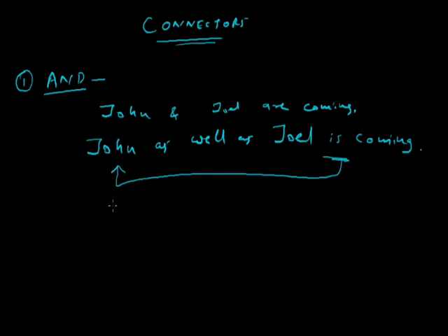Got it? I repeat myself. When you use as well as, the verb has to agree with the first subject, as you have already learned in subject verb concord. Another sentence: not only John but also Joel is coming.